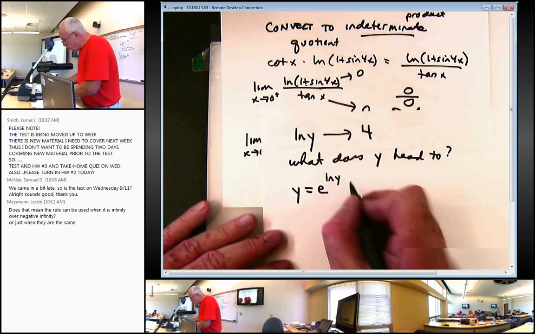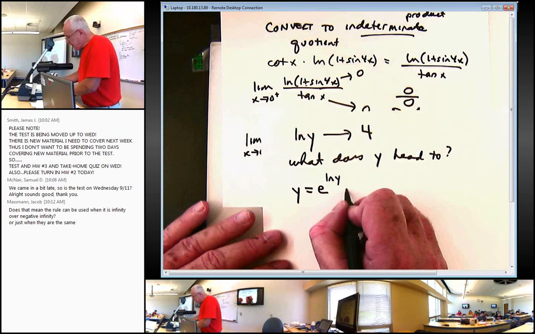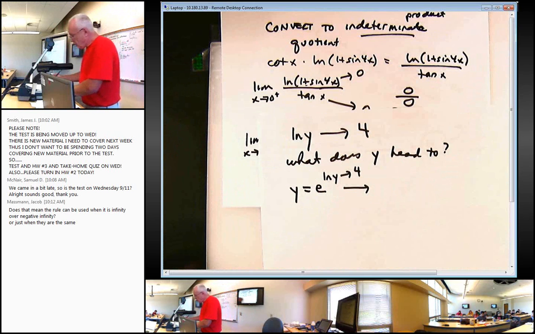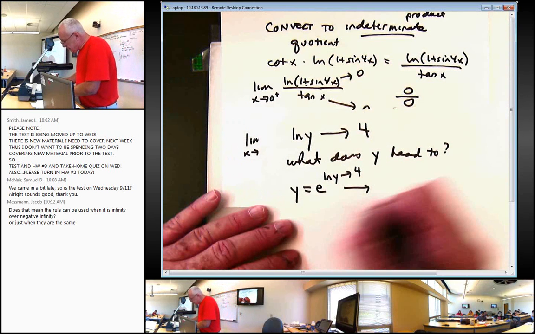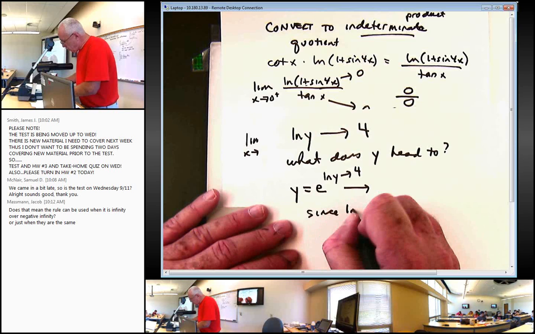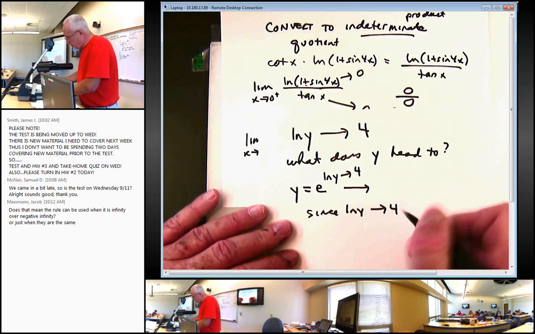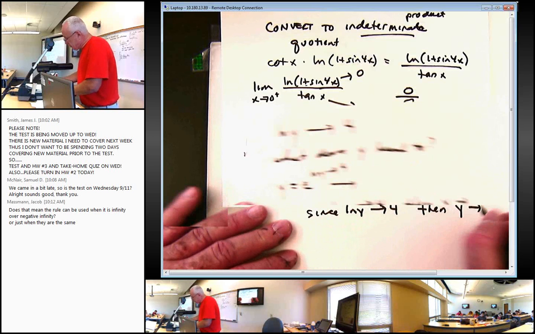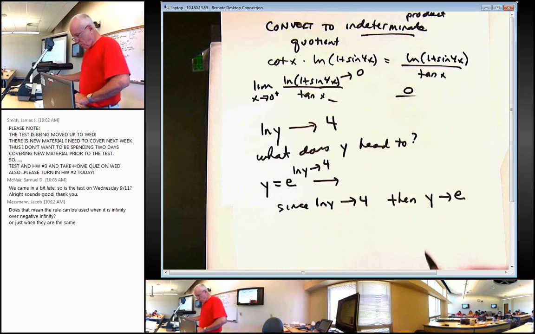Well, we know that the ln of y is approaching 4. So therefore, since the ln of y approaches 4, then y approaches e to the 4th power.